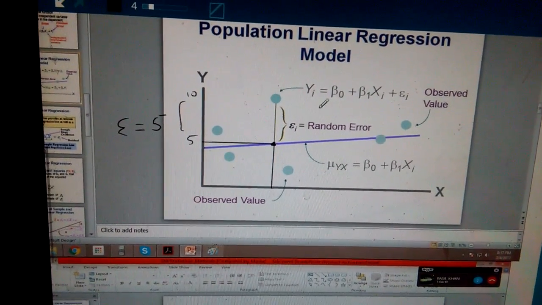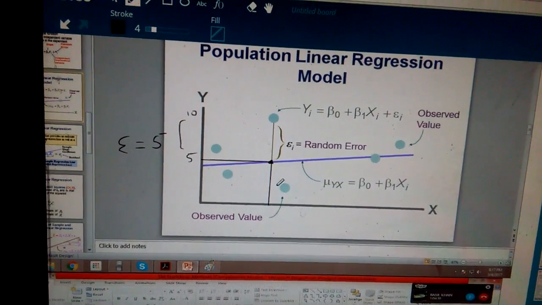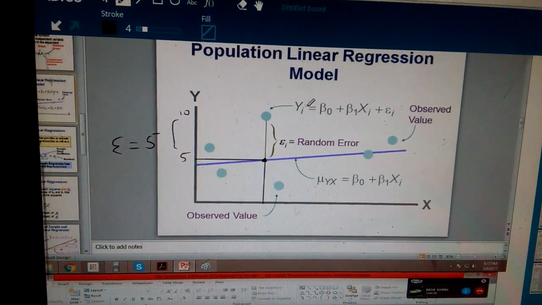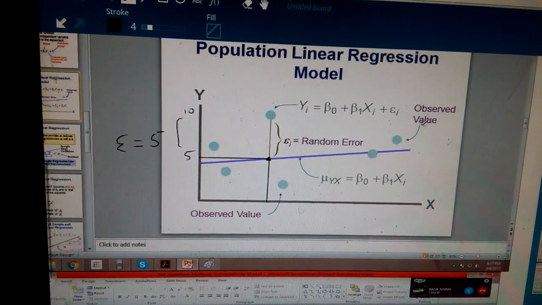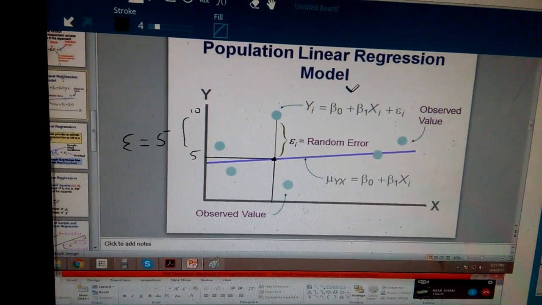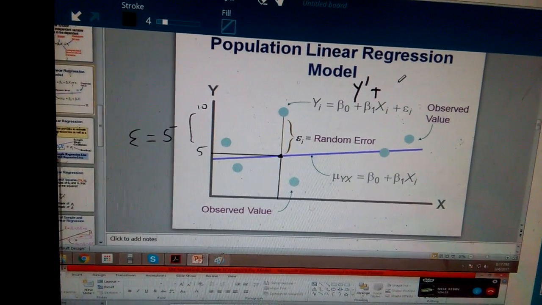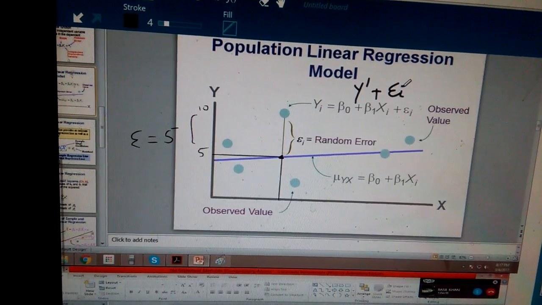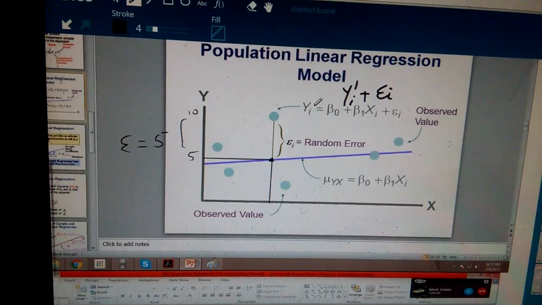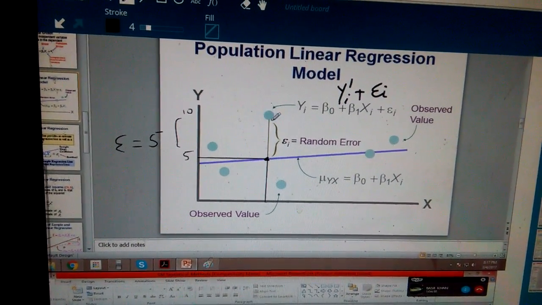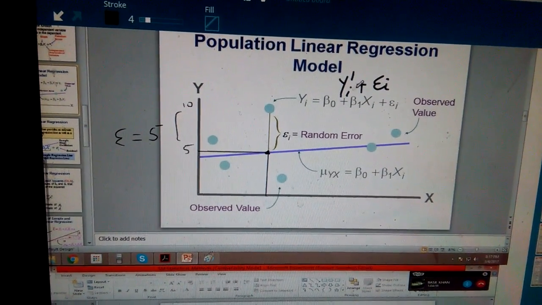So as I told you in the beginning, this yi is the observed value, and the observed value is obtained by adding your epsilon or error value to your predicted value. This is your i, so this is your yi. The observed value can be obtained by adding the error value to the predicted answer.